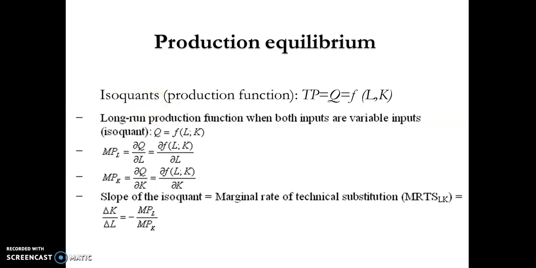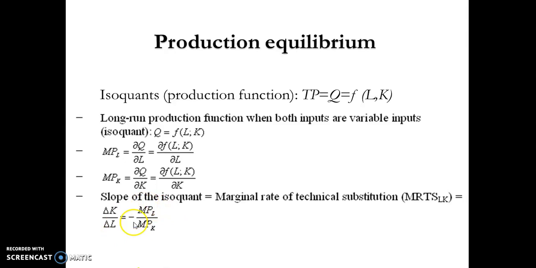You also saw that the slope of your isoquant is given by the marginal rate of technical substitution of labor for capital, and that is given by the change in your capital over your change in labor. And you know that that is in fact going to be negative because it is a downward sloping curve, and it's convex and it represents the diminishing returns.